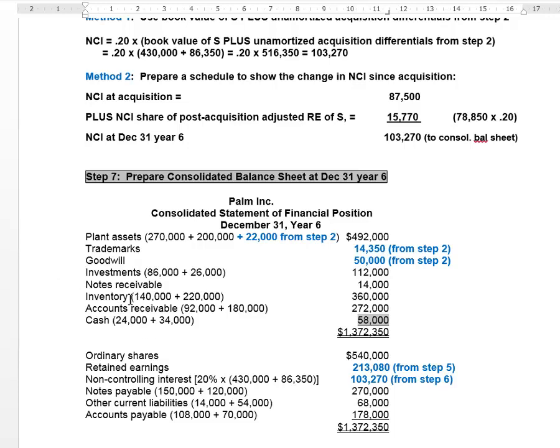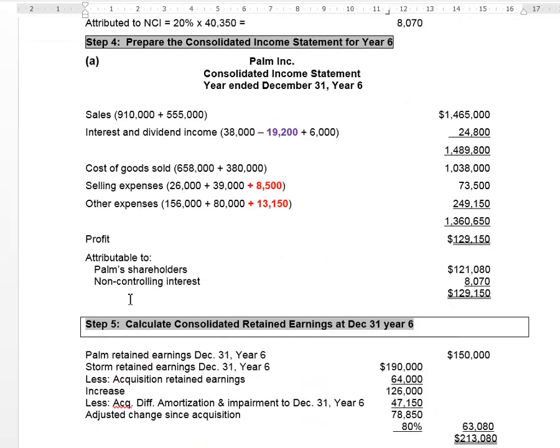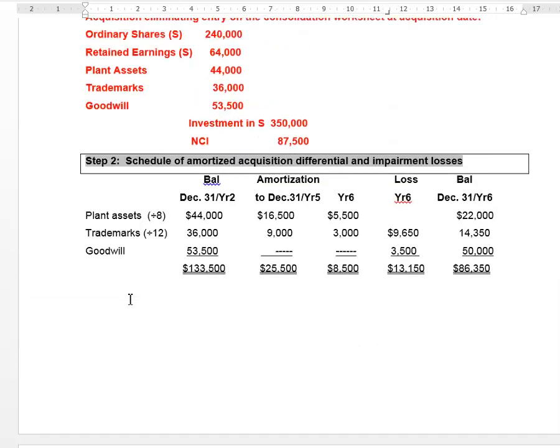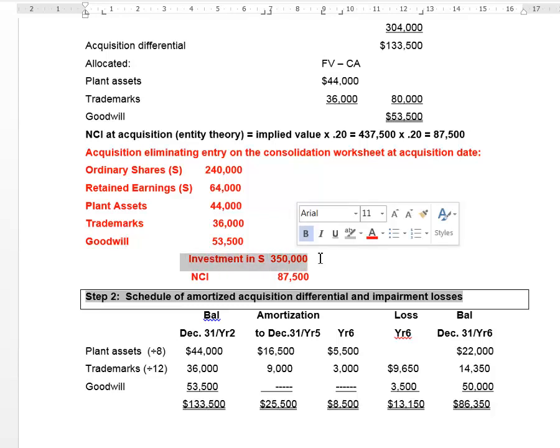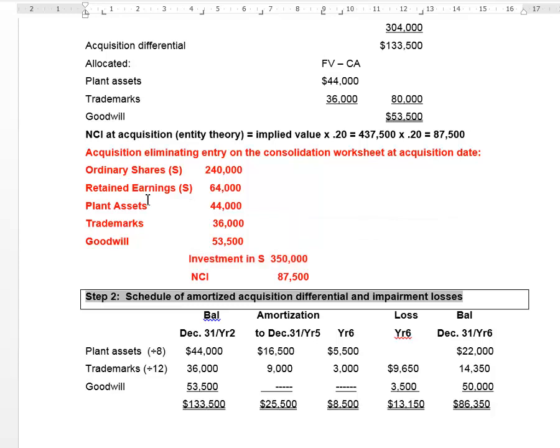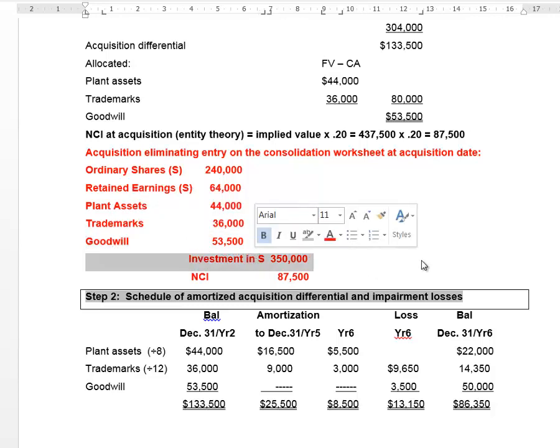Notice here in this consolidated statement of financial position or balance sheet, we don't show the investment in the subsidiary. Why? Because don't forget, at acquisition, we divided or allocated that out. That's already been allocated out. We didn't pick up any common shares or retained earnings of the sub, and don't forget we picked up the increments, including the goodwill. So the carrying value of the sub plus the fair value increments that we picked up, including goodwill, replace in essence the investment account.